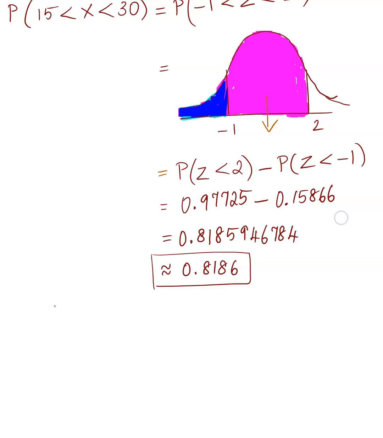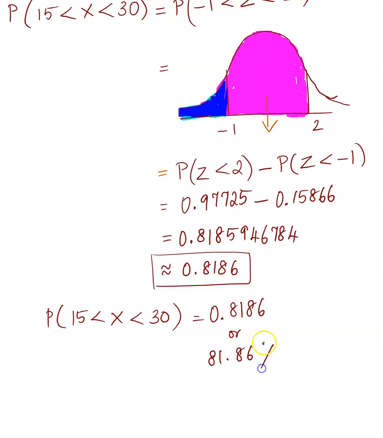So the probability of x lying between 15 and 30 is 81.86%. So 0.8186 or 81.86%, right? So we did this manually by getting the shaded region using the table in a traditional manner.